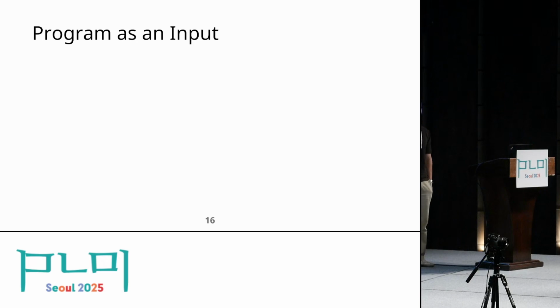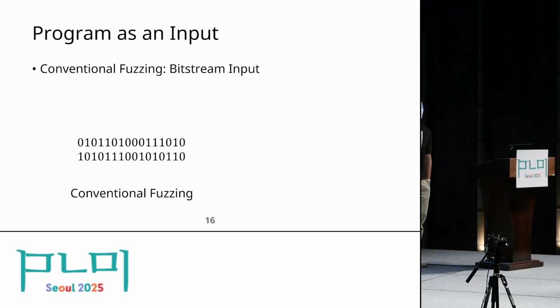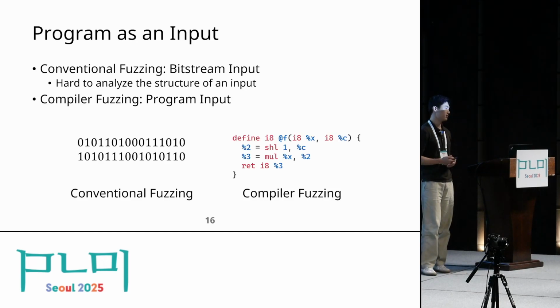An interesting observation we use here is that compiler fuzzing is not just conventional fuzzing. In conventional fuzzing, the input is a bit stream. Because it is a bit stream, it's really hard to analyze the structure of the input. It's just a sequence of 1s and 0s. But in compiler fuzzing, the input is a program.